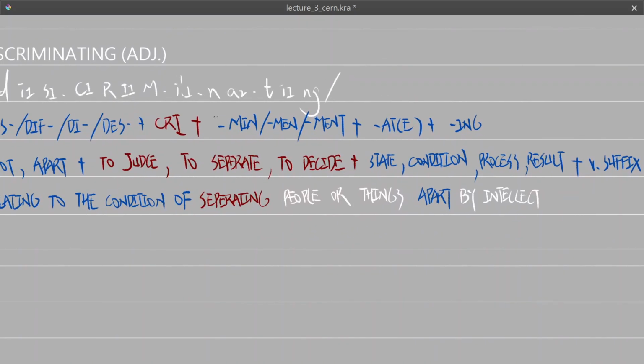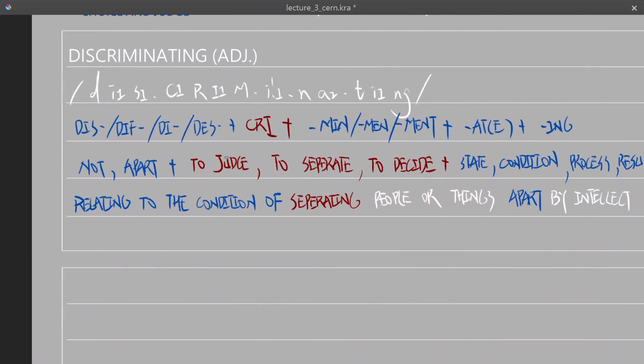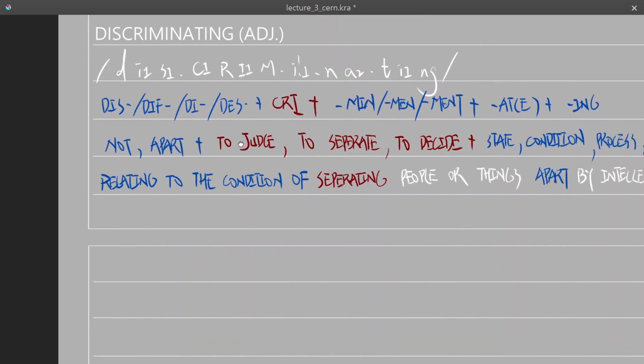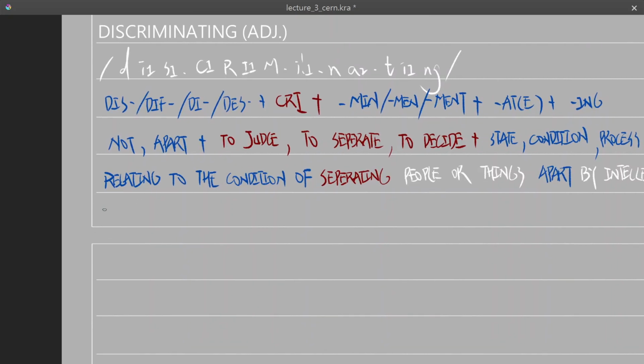And for example, we have discriminating readers. So what's discriminating readers?